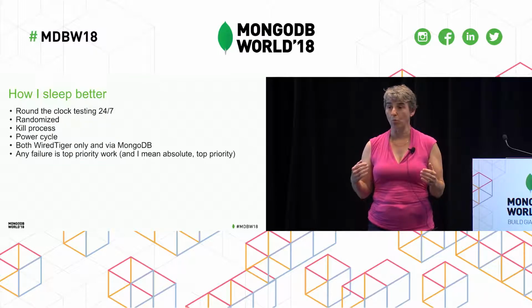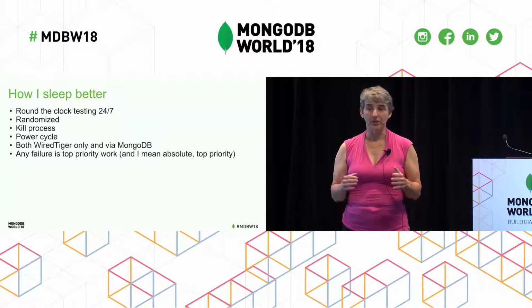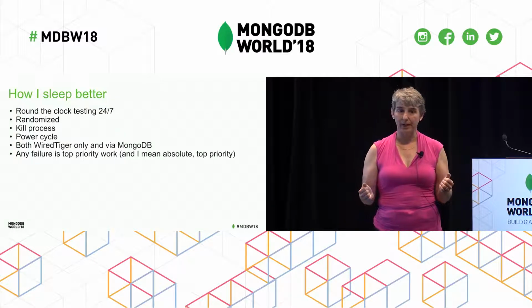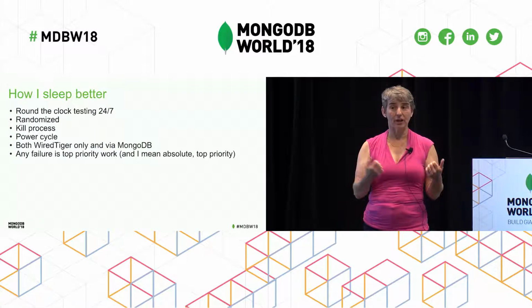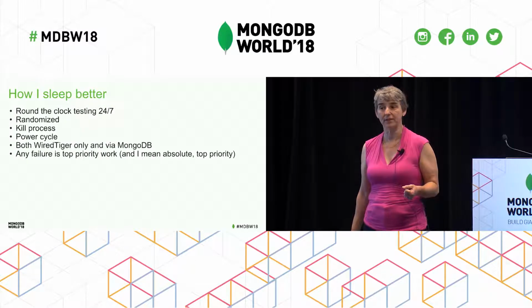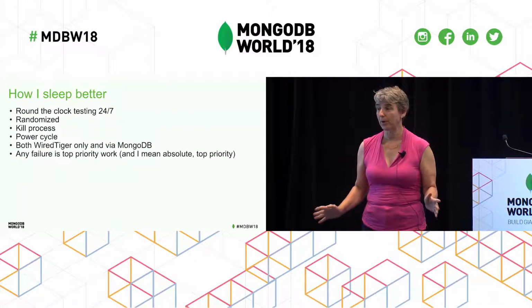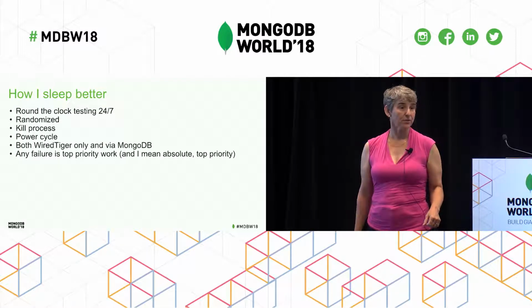It knows exactly what data should be there when it comes back up, and it runs in all the different modes that I mentioned already, so that if there ever is a failure or a change we've made that introduces a failure in these tests, it is a top priority job to figure out what went wrong and fix those problems.